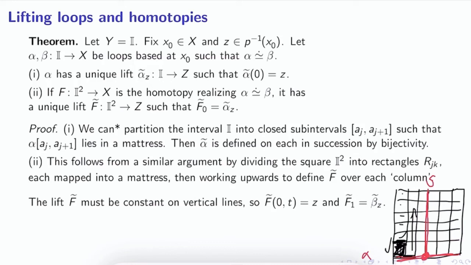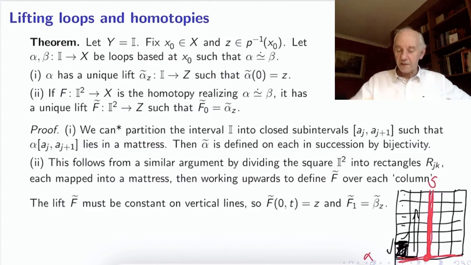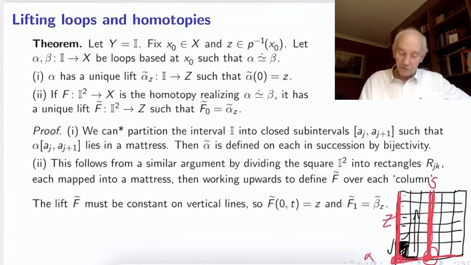Since this is going to be a continuous mapping, when you project it down it's lying over a given point, so it can't jump around. So this homotopy, when you lift it up, has to be constant on all these vertical lines. In particular, it's got to be constant here, and since we're starting it at Z, it's got to stay at Z. So everything in this vertical line maps to Z, though not necessarily in this one.